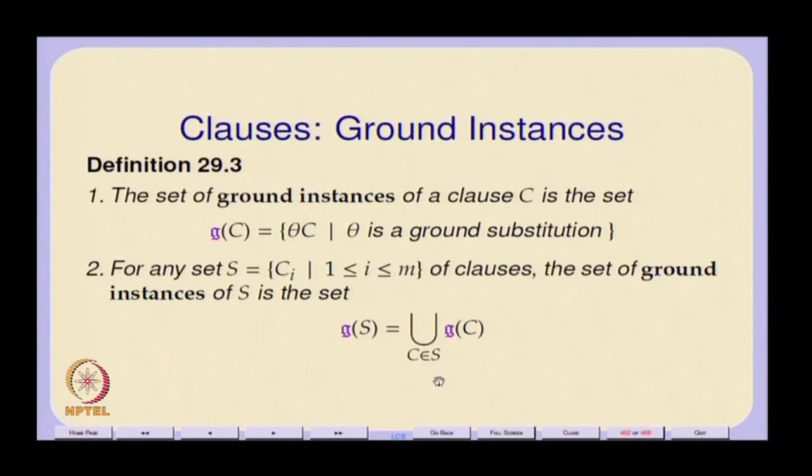Okay, so I have some clause. Let me start with a formula. Let's say some particular relation is transitive.